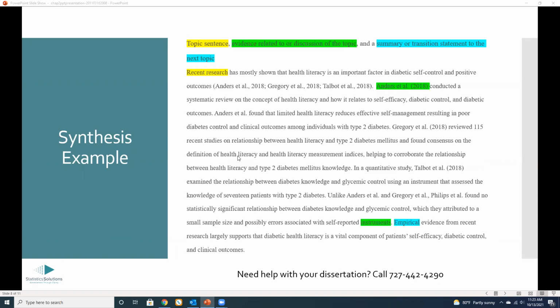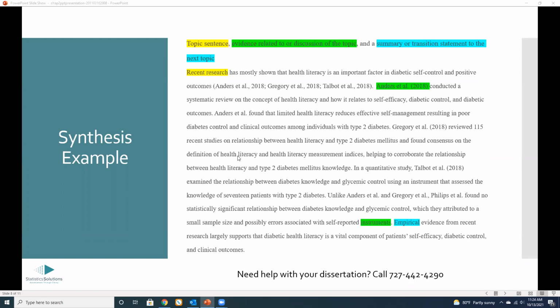Okay, so it says recent research has mostly shown that health literacy is an important factor in diabetic self-control and positive outcomes. Okay. And then the material after that, highlighted in the green, is material from studies that reinforce that topic.